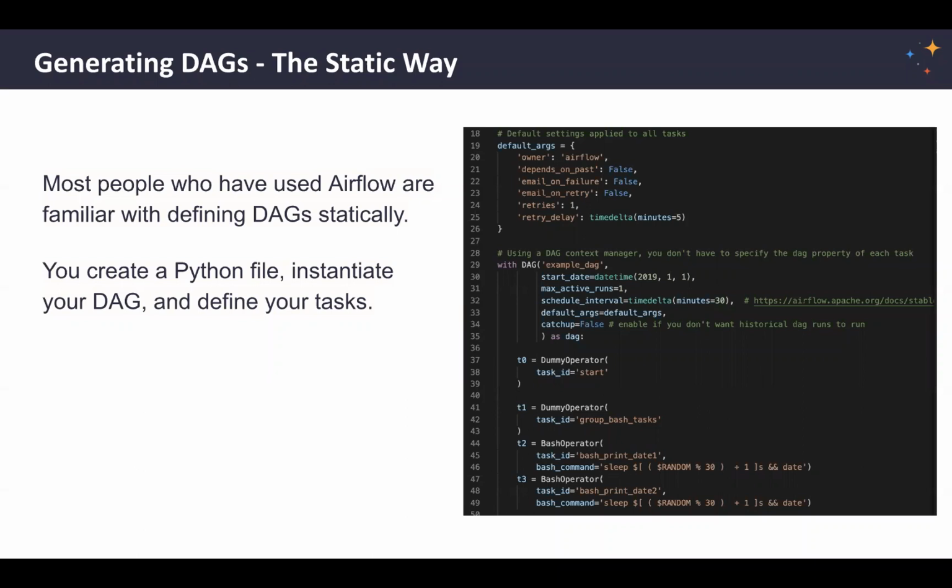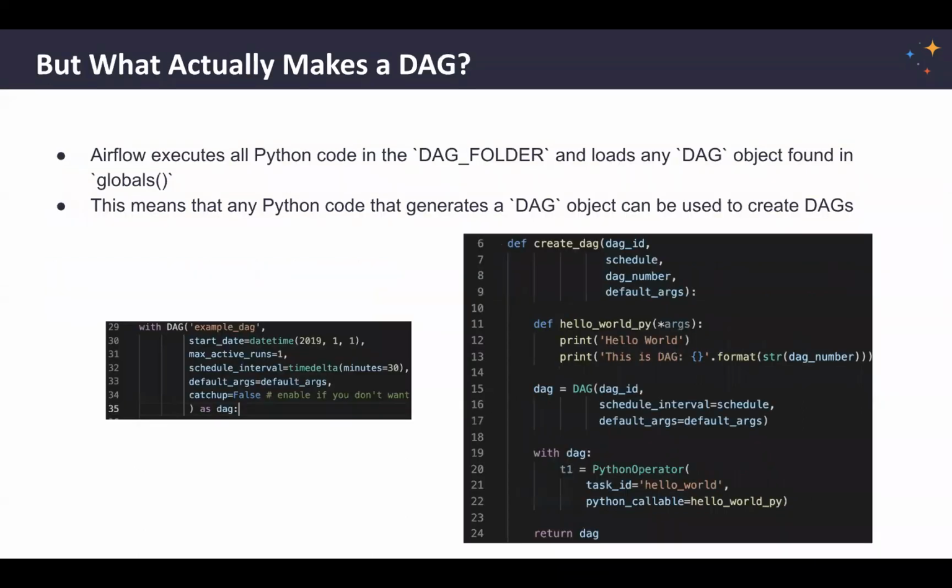So with that in mind, I want to back up a bit and talk about what actually makes a DAG. If you're newer to Airflow, that static method that I just showed is oftentimes what is used and presented. But that's not necessarily needed in order to create a DAG.